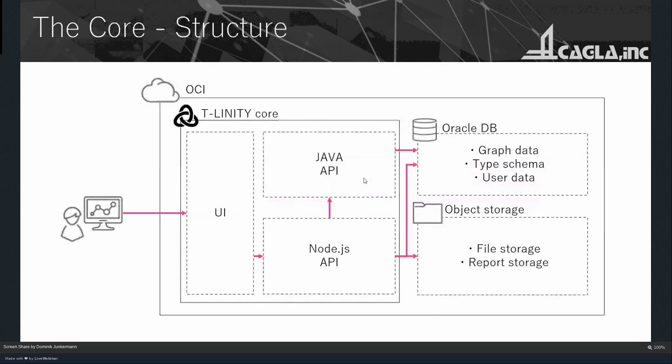The general structure of the core on top of the Oracle Cloud is the Trinity core itself, containing the core UI, the core screens, Node API and Java API, also Oracle database and an object storage. The Java API is used for communication between the Node API and interaction with the graph data.